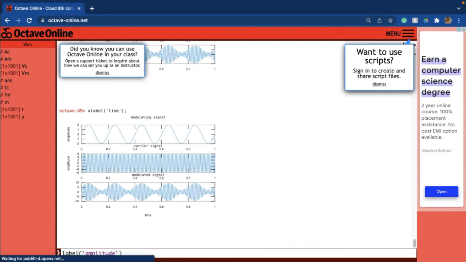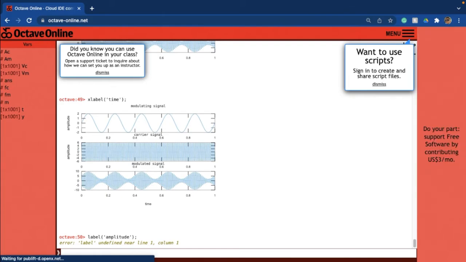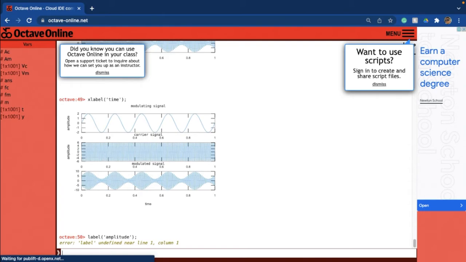Alright, this completes it. Just see, it's beautifully done with the modulating signal at the top. The carrier, you can see it's 10 times more, so you can see the squeezed up sine wave. And the last one is the modulated signal, and just look at the pattern. This is the AM wave which we used for transmission of our modulating signal.